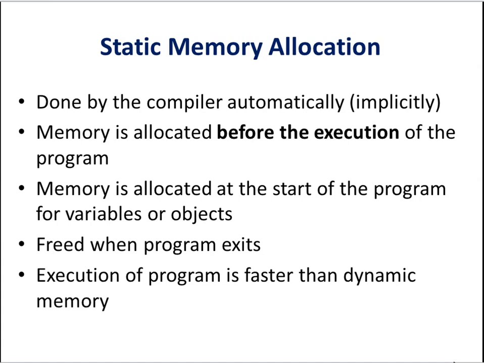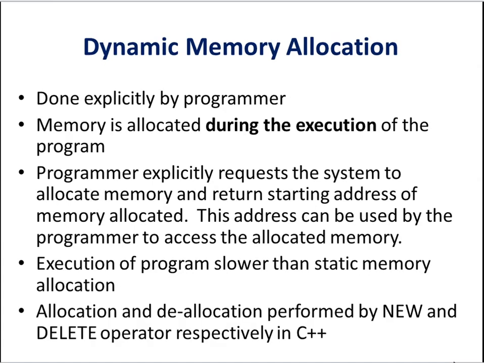So to avoid the wastage of memory, we use dynamic memory allocation. Dynamic memory allocation is done by the programmer as per need, or whenever memory is needed. Memory is allocated during the execution of the program, or while running the code. The programmer explicitly requests the system to allocate the memory and return the starting address of the memory allocated.